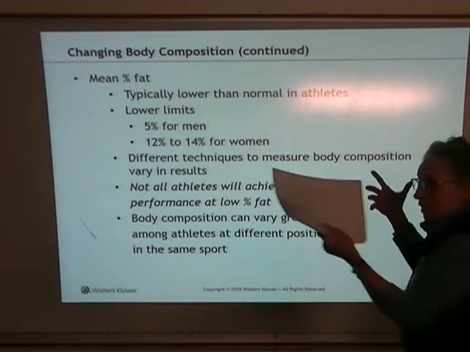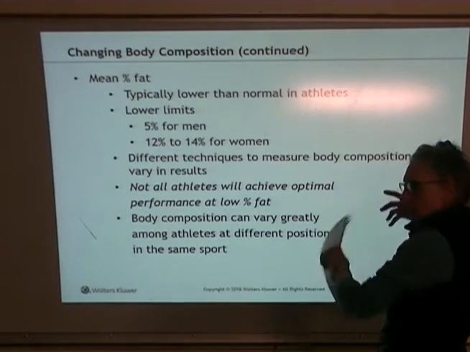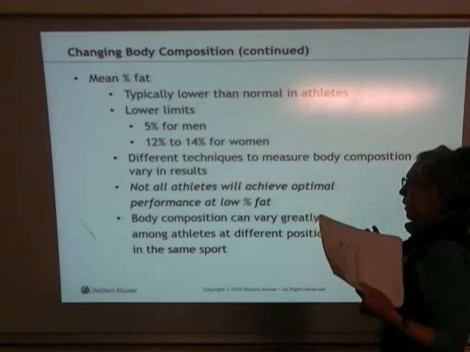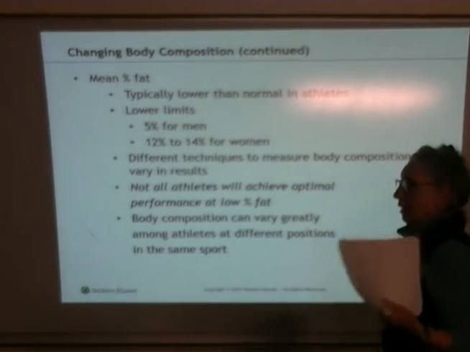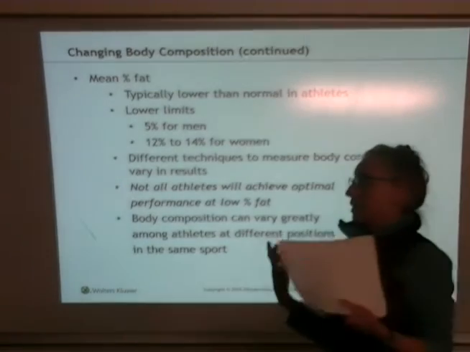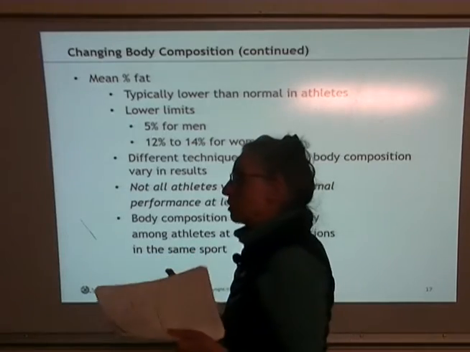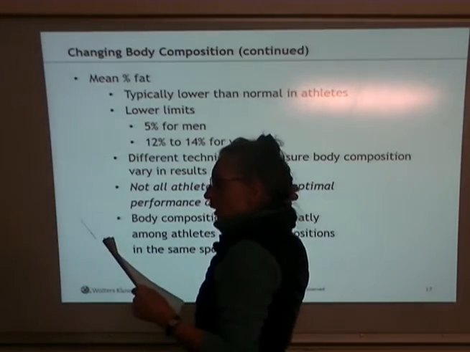Now that doesn't mean that they should be up in the high teens and 20s, but you're not going to get everybody to the same body fat percentage and get a good performance. And remember that athletes in different positions are going to have different body composition, right?